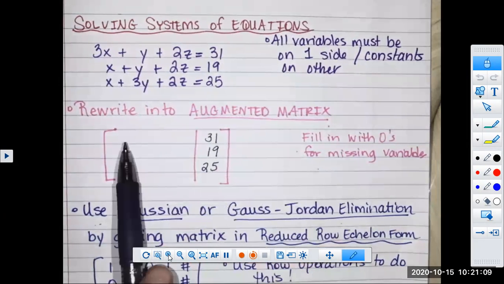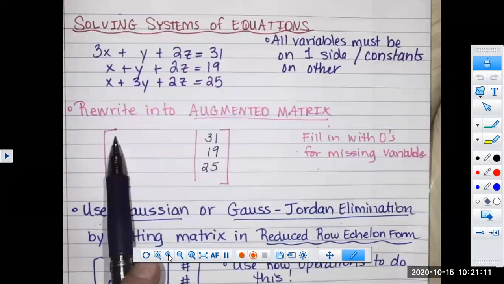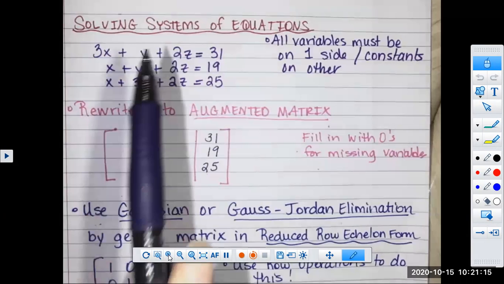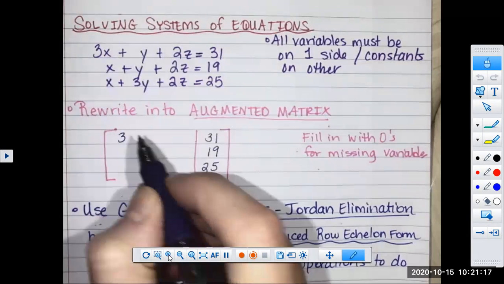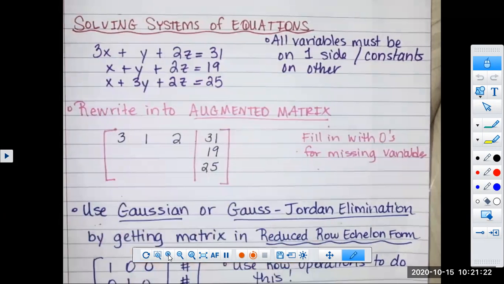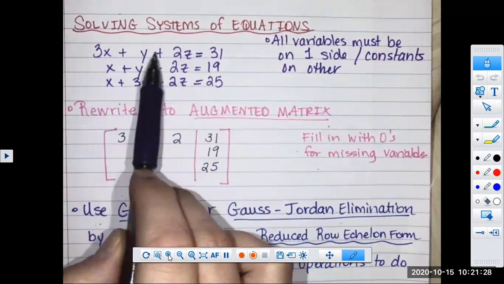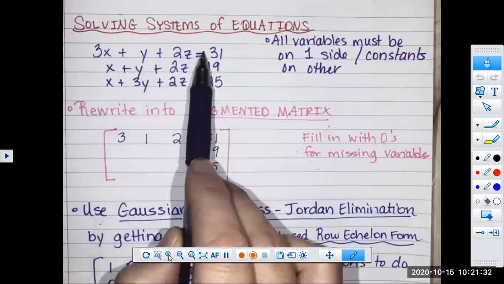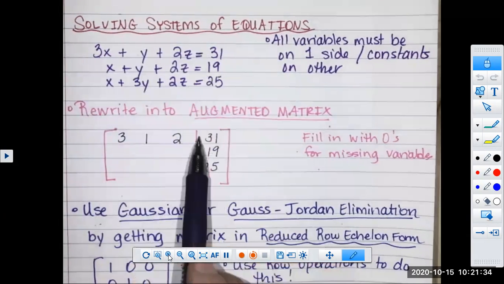If I list all of my coefficients across the row for this first equation, you have 3, 1, and 2. Are y'all okay with that? So I've got 3, 1, 2, and I write that here, and then I write whatever that equation is equal to on the right side of that bar.